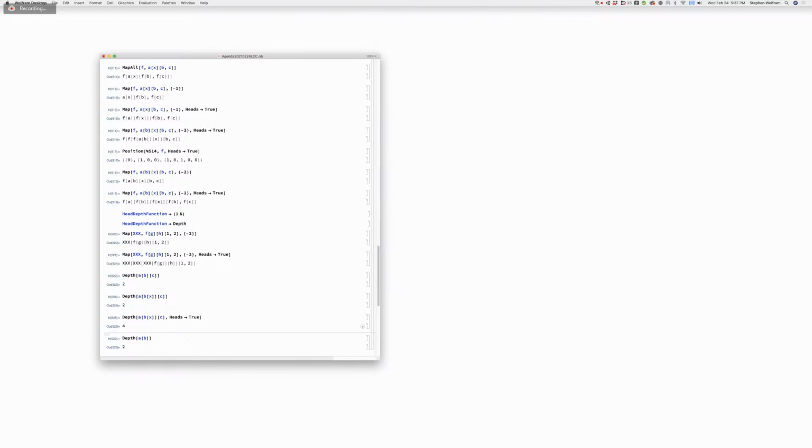Right. But now is this head depth thing relevant for this or not? Well, that's why I was thinking the option would be head depth goes to true or false, because it's specifying whether the depth function's heads option is true or false. I see. Right, because depth is counting from the top always.